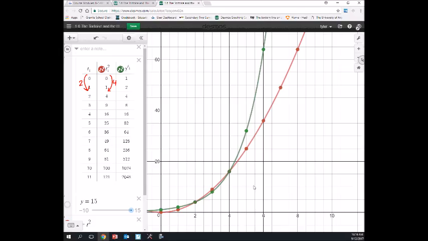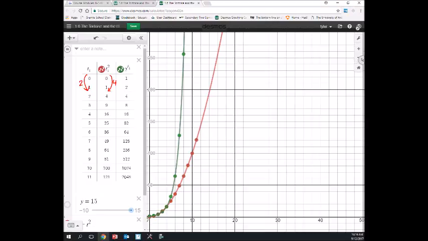Okay, we see that in the graph by looking at the slope. The hare's slope is increasing, but it's increasing by the same amount each time. The tortoise's slope, on the other hand, just keeps getting steeper and steeper and steeper, faster and faster and faster. And if we zoom out, we can see that in the long run, the tortoise is going to be going way faster than the hare is.